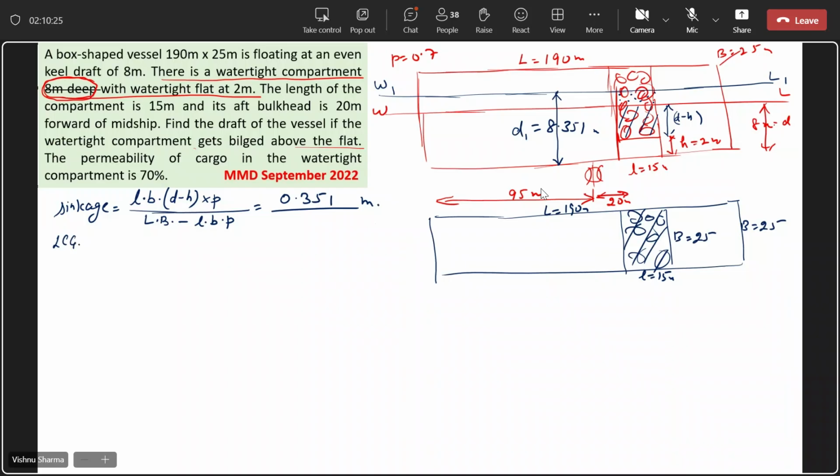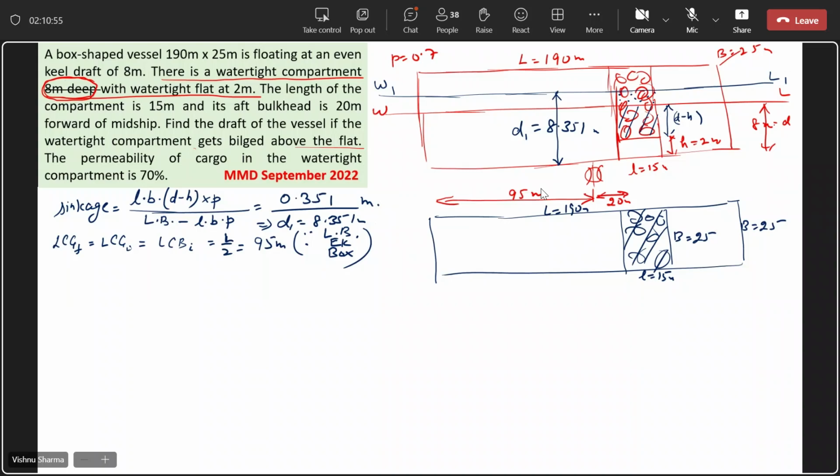LCG final will be equal to, so D1 will be equal to 8.351 meters. The LCG final will be equal to LCG initial, will be equal to LCB initial, will be equal to L by 2, will be equal to 95 meters because lost buoyancy, even keel, box shaped.